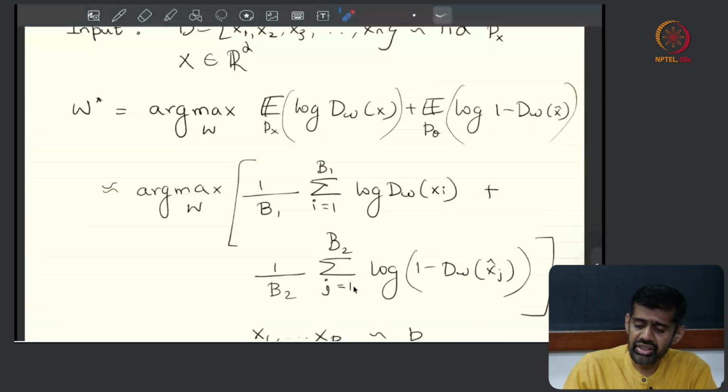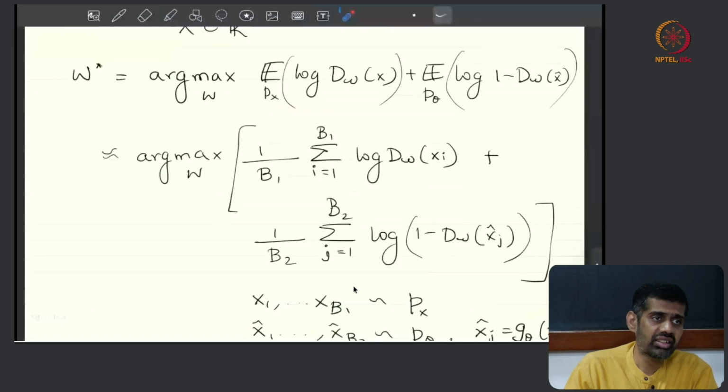We have two expectations, one over p_x and one over p_theta, and we know both of them can be approximated using sample averages. Let us say that you have b1 samples from p_x and b2 samples from p_theta, where b1, b2 are simply batch sizes. How do you get b1 samples from p_x? Just sample from the n points that you have in the data set.